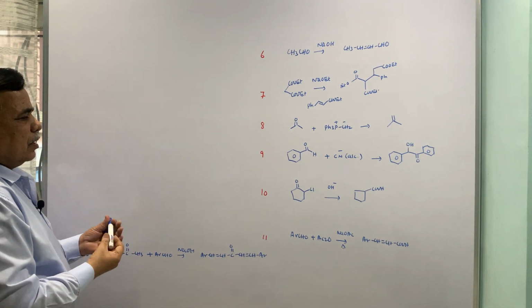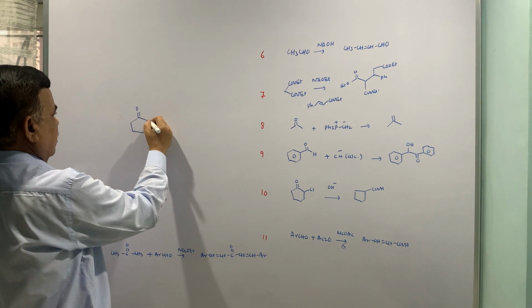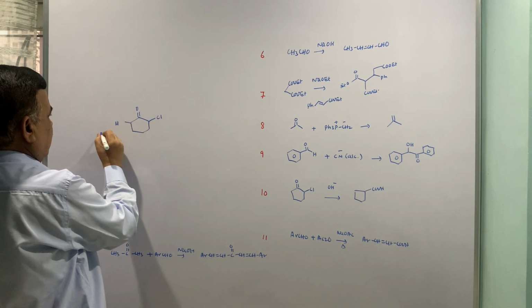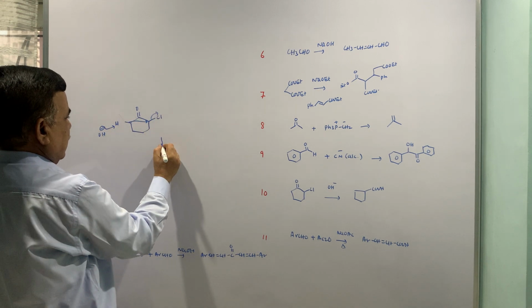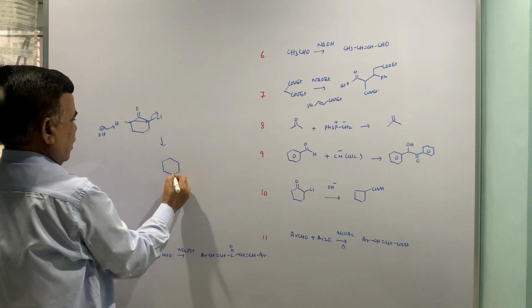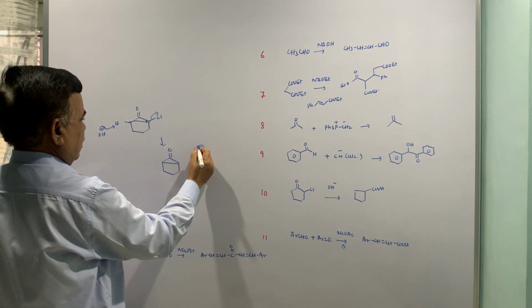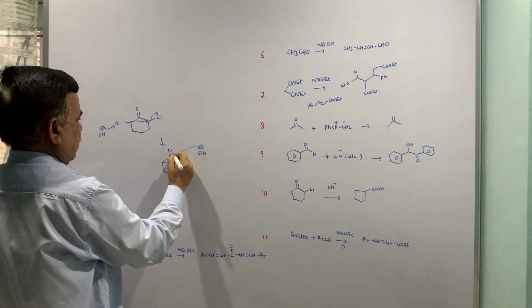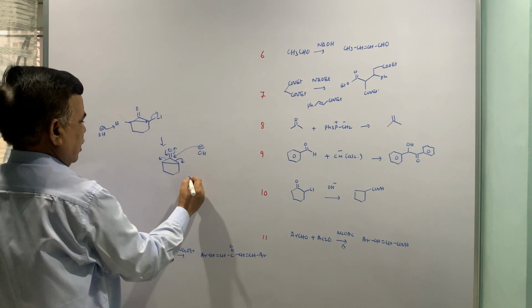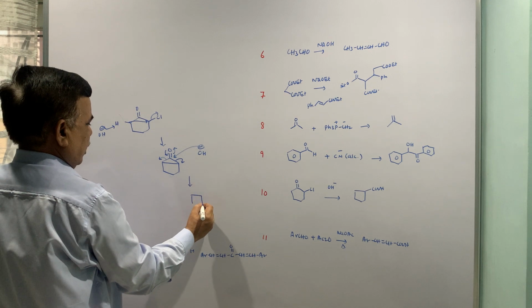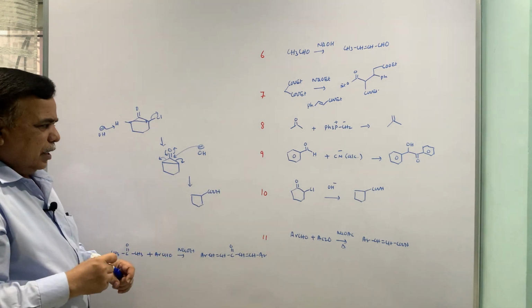The next reaction is Favorskii. We have already seen, but just for the sake of revision, OH minus abstracts a proton and you get a cyclopropanone type intermediate. Now this cyclopropanone type intermediate is labile, and since OH minus is there, you can show the delocalization and it can open up in either direction, and in both the cases you are going to get the ring contraction product, the acid.